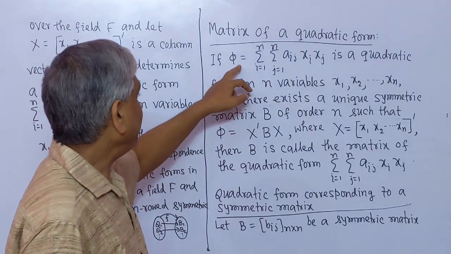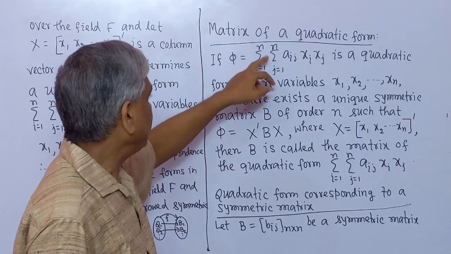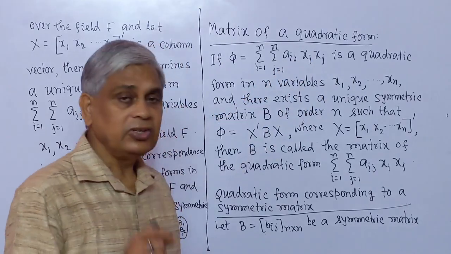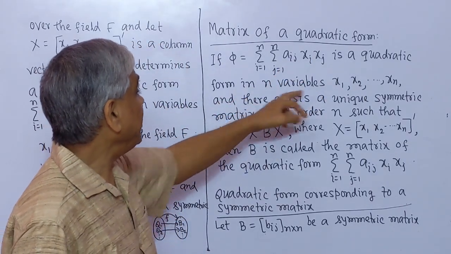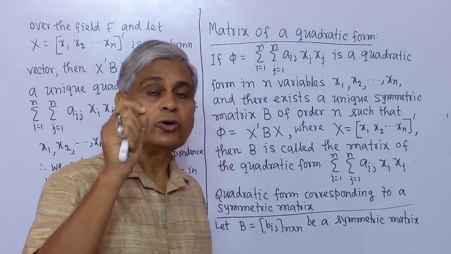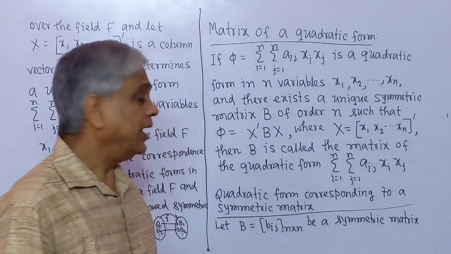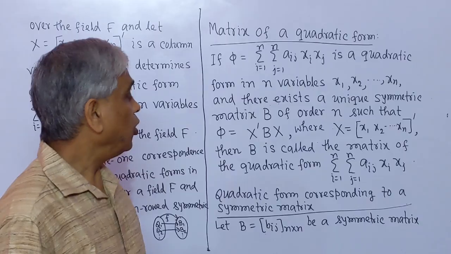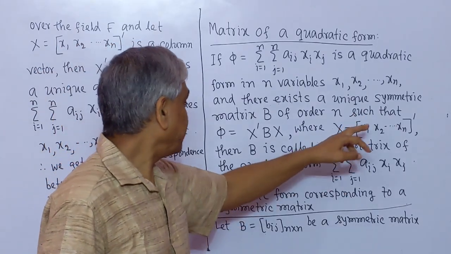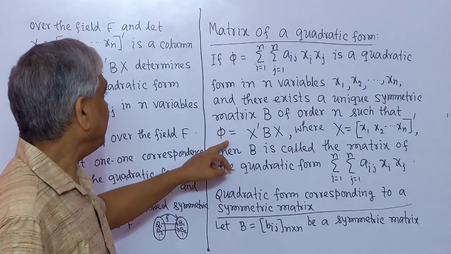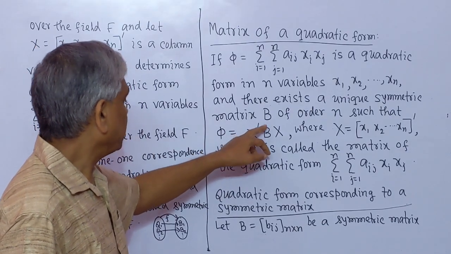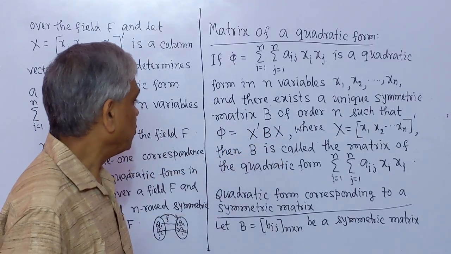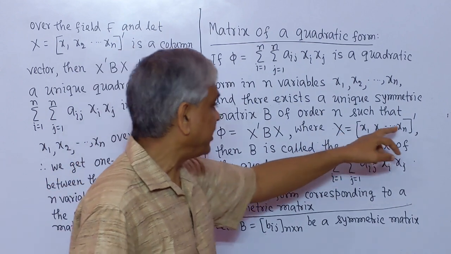If phi equals sigma i equal to 1 to n, sigma j equal to 1 to n, aij xi xj, is a quadratic form in n variables x1, x2, ..., xn, then there exists a unique symmetric matrix B of order n such that phi can be written as X transpose multiply matrix B multiply X, where capital X is a column matrix.